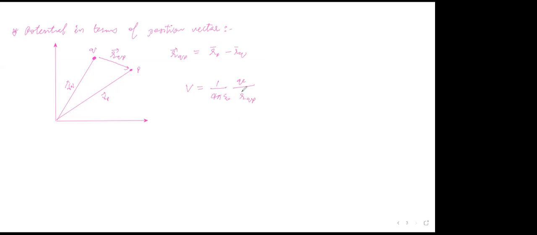And now this R QP can be written as V is equal to 1 over 4 pi epsilon naught Q over, you can put R P minus R Q in the place of R QP, right? So you get R P minus R Q. It's okay or not? Nawal, is it clear? Yes, sir. Yeah, note it down.